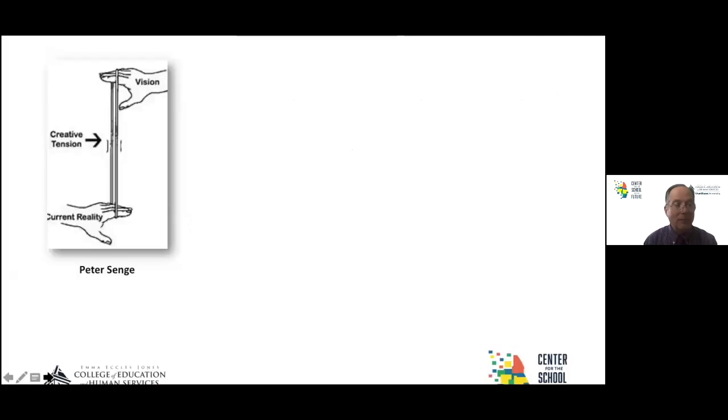Next slide. Don, Chris, and Emmy alluded to some of the work of Peter Senge, and in this particular image, what you see is two hands separated, and between them is a rubber band, and you can see that those hands are pulling it somewhat tight, and that the bottom hand represents current reality and the upper hand vision.